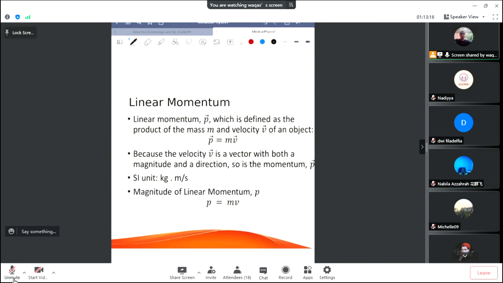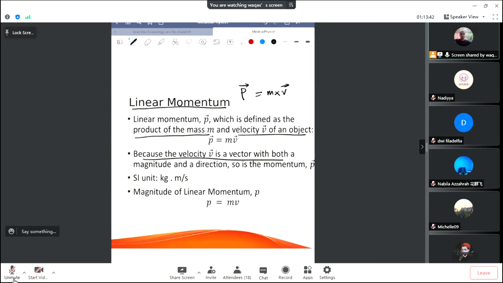Okay, now we can try to understand another topic, which is linear momentum. Linear momentum is defined as the product of mass and velocity. So if you multiply mass by velocity, you get linear momentum. Linear momentum is a vector quantity.